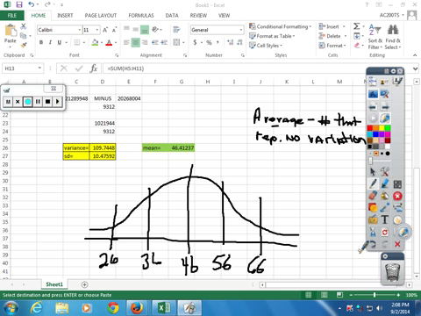What to look for: if you do something with data and the mean is 60 and the standard deviation is 58, something's wrong. Okay? And that, my friends, is how you take standard deviation and the mean with a frequency distribution.